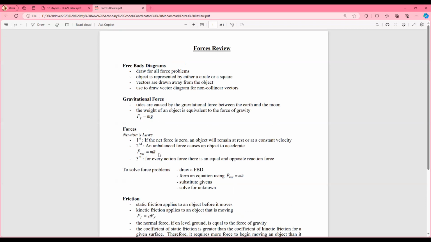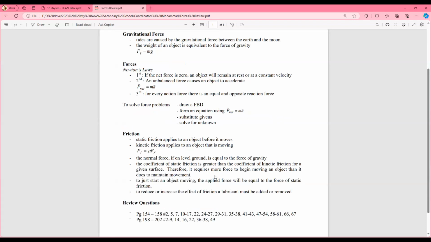Okay, just check this about first, second, third Newton's law and force of friction.